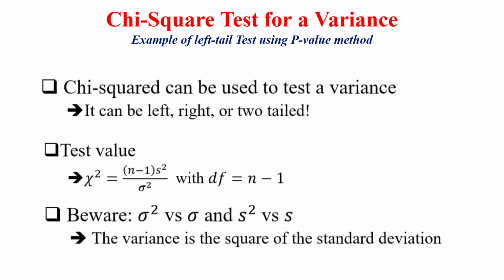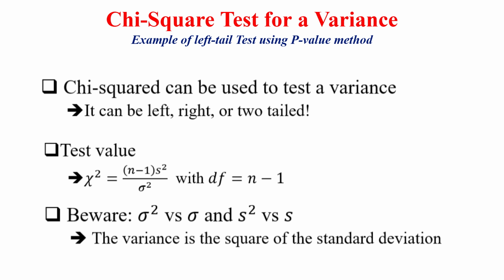S squared is the variance of the sample, and S is the standard deviation of the sample. The variance is the square of the standard deviation. So we have to be careful with what we've been given in the problem. If we've been given the variance, it's already been squared and we do not need to square again. But if we're given the standard deviation, we'll need to square it in our calculation.